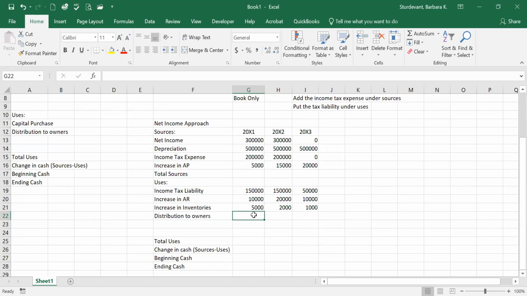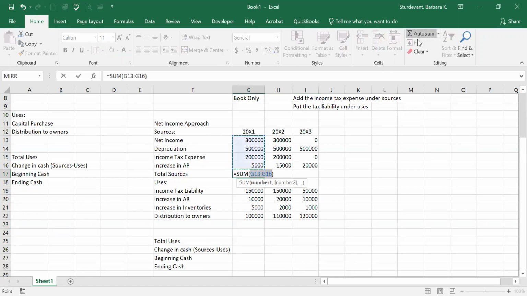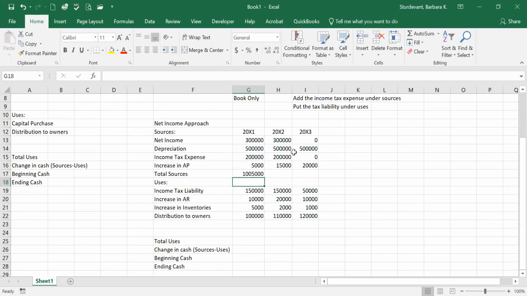Because you're giving them money. Okay, and so that's all we got. So now we add things up. We're going to do total sources. Total uses.